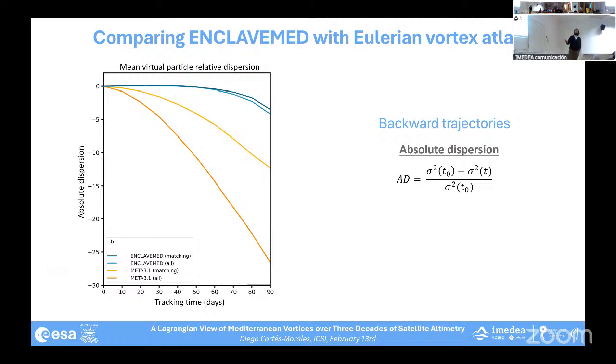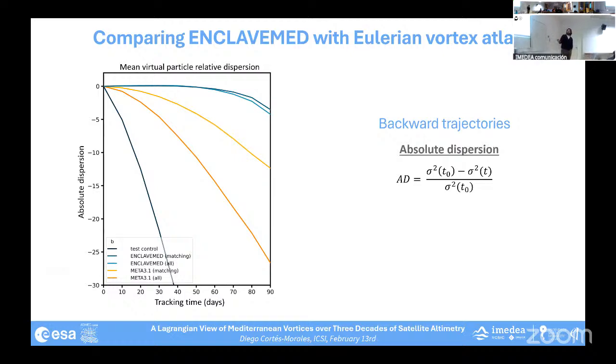What this means is that, again, the Lagrangian vortices are identifying regions less dispersive than the Eulerian ones. We have compared with a test control that we performed by putting some random circles and initializing the particles in random circles across the ocean and checking the dispersion.